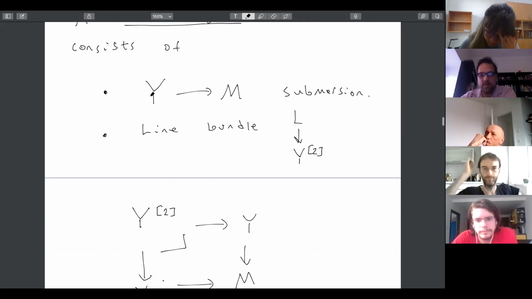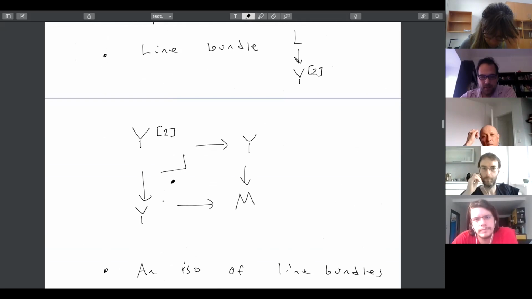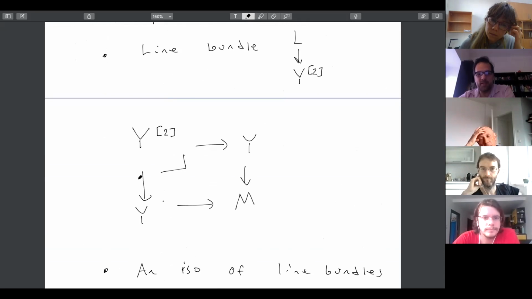When you have this submersion Y, you can construct a groupoid, which is just the fiber square of Y over Y. This is a Lie groupoid. By the way, what is the dimension of the fibers of Y?